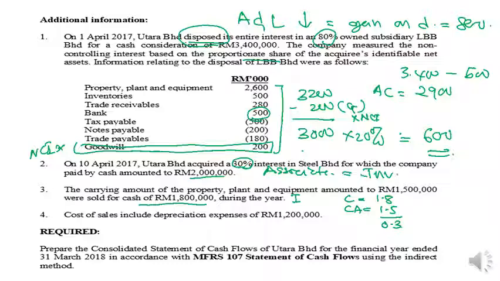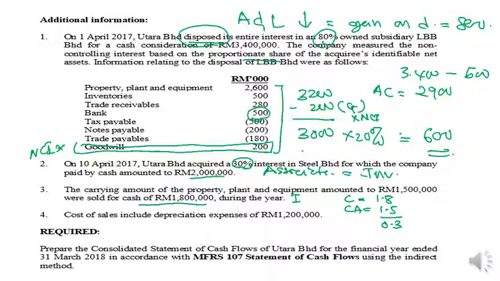So you dispose here for cash consideration 3.4. Then you need to look at how much cash you have in the company. Cash available here is 500, so your aggregate cash here is equal to 2,900. From the disposal you receive 2,900.